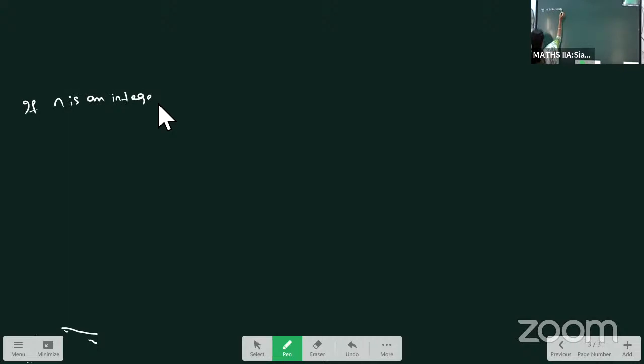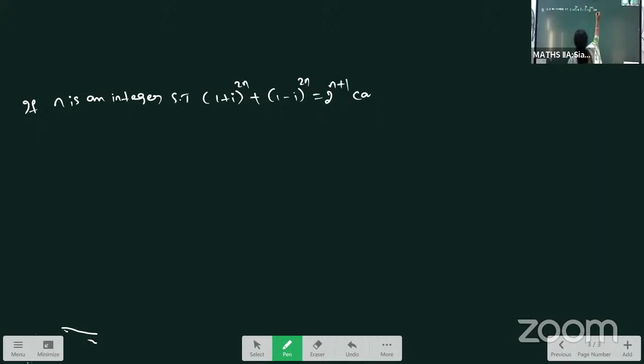If n is an integer, show that (1 plus i) whole power 2n plus (1 minus i) whole power 2n is equal to 2 to the power n plus 1 cos n pi by 2.